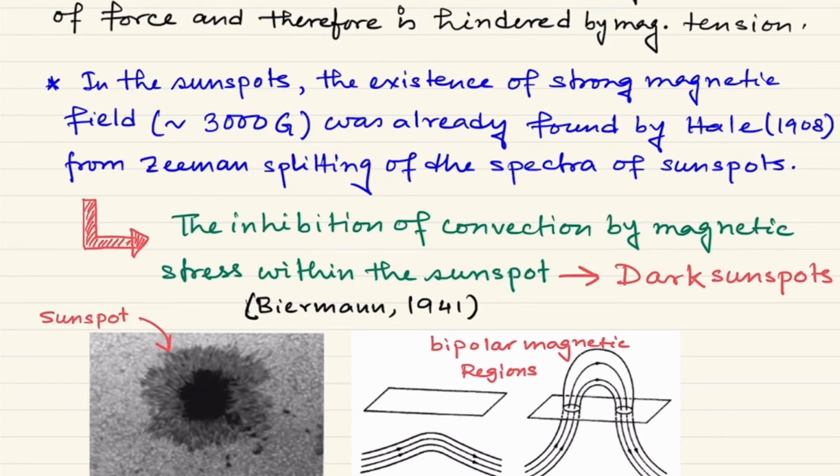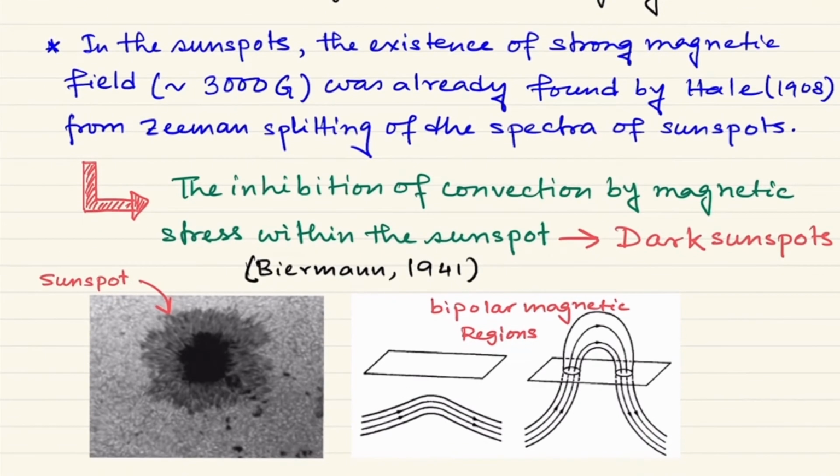So Earth has an average diameter of 12,000 kilometers, so it can enter in. I mean, there are some sunspots like that.